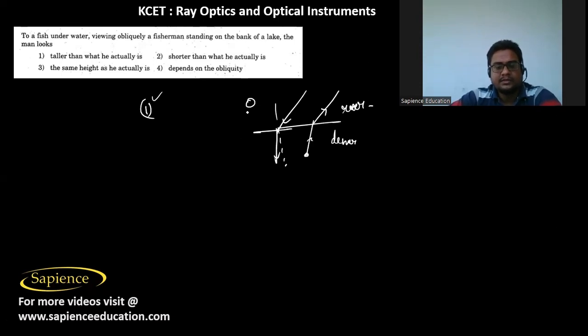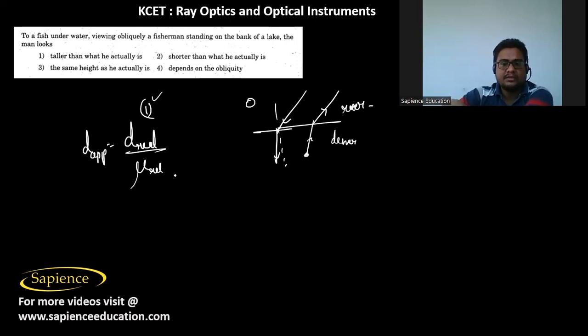The apparent depth is equal to the real depth divided by mu relative. Mu relative means the refractive index of the surrounding medium with respect to the medium of the source of the light.